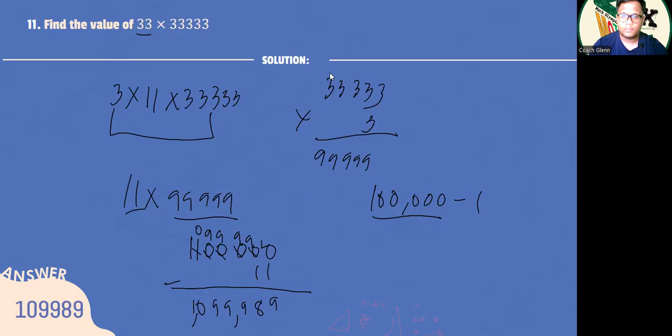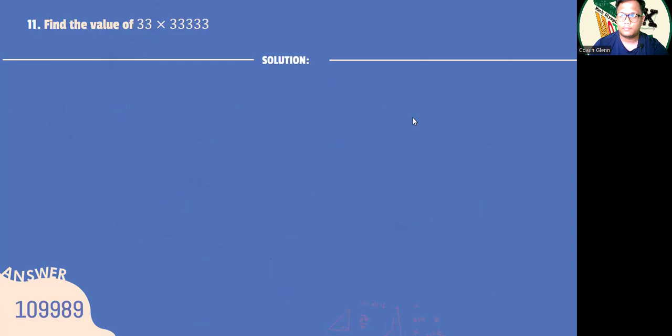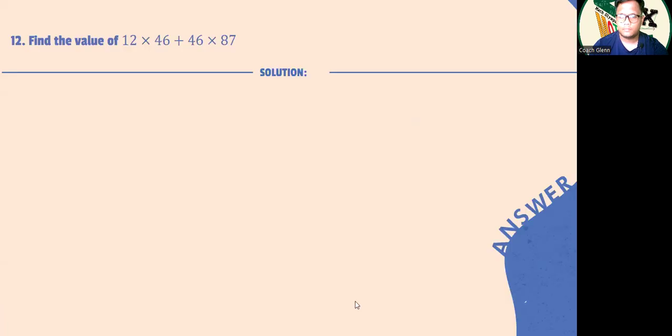Okay, let's go to the next problem. Find the value of 12 times 46 plus 46 times 87.